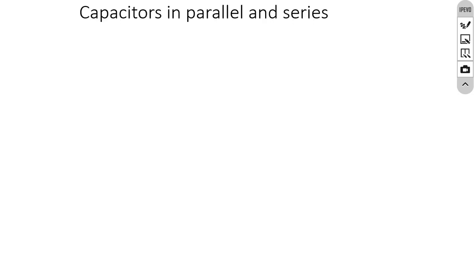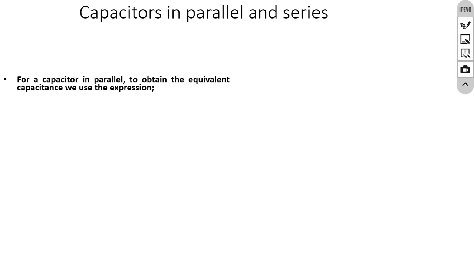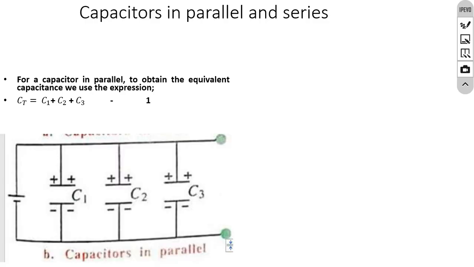Capacitors in parallel and series. For a capacitor in parallel, to obtain the equivalent capacitance, we use the expression Ct equals to C1 plus C2 plus C3. So look at the figure below. You can see that this figure represents capacitors in parallel.